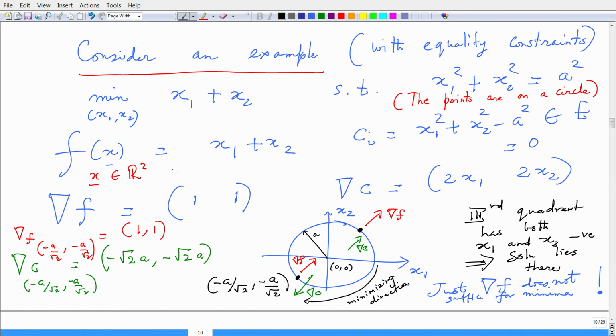So, I write it down here carefully: del f is d bar f upon d bar x1 and d bar f upon d bar x2. This is how I would compute. I do the math, and it is straightforwardly the vector with coordinates 1 and 1.